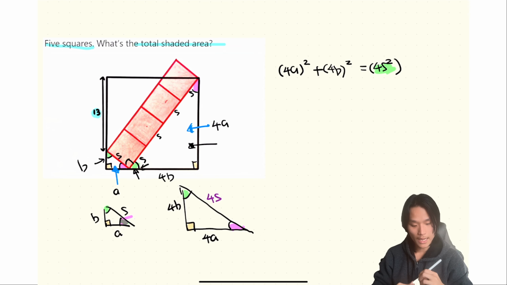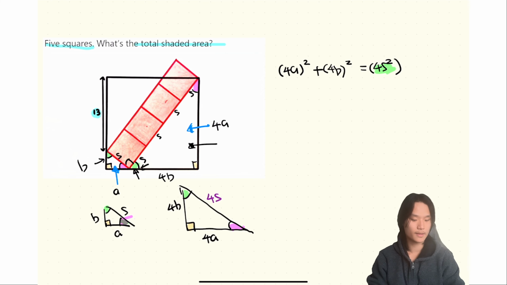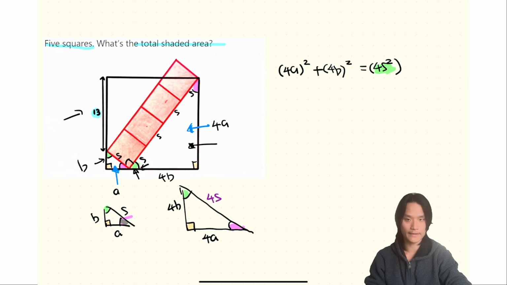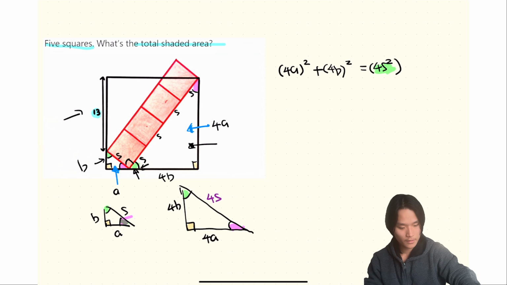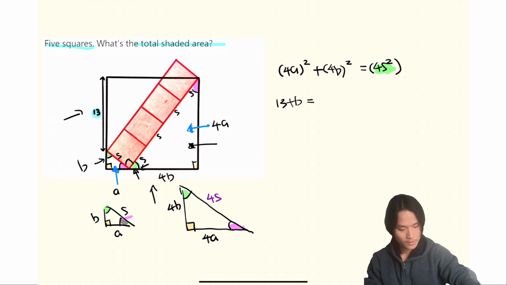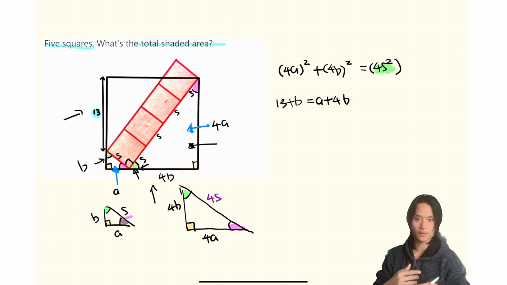What we're gonna do now is go back to the size of the bigger square. We want to form some equations. Notice on the left side here we have 13 and b as the size. So 13 plus b, and look at the bottom side, that is a plus 4b. They are the same size, so we equate them.